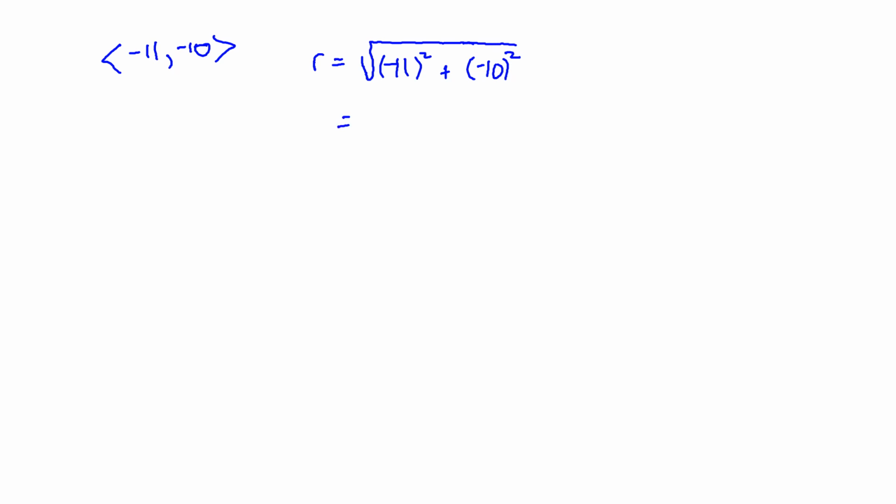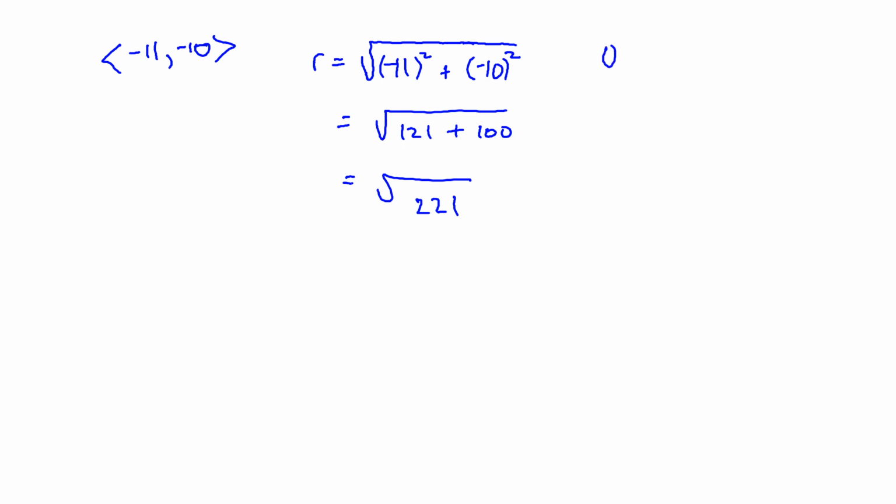All right, so what is that? 121 plus 100. And that's really the square root of what? 221. All right, so we're going to leave it like that because the square root of 221 is not a perfect square.